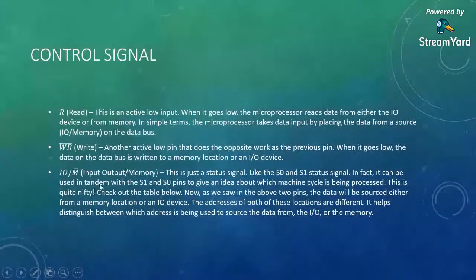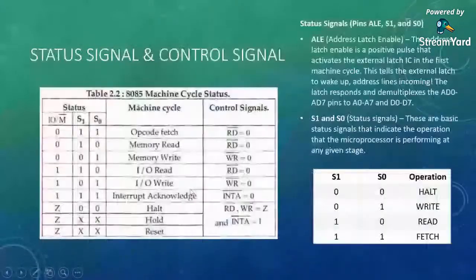This is the input output memory signal, IO/M. It is a status signal like S0 and S1. In fact, it can be used in tandem with the S1 and S0 pins to give an idea of which machine cycle is being processed. So this is quite nifty. Check out the table below here.